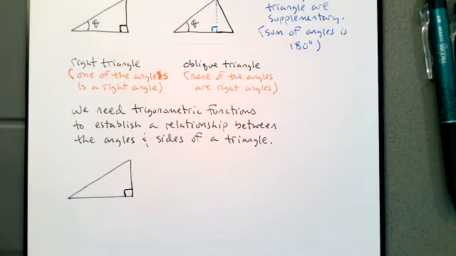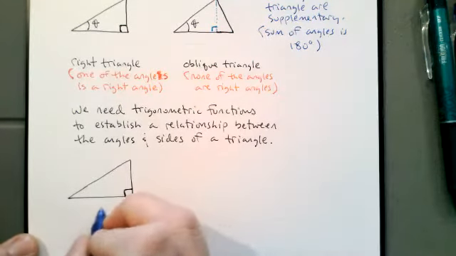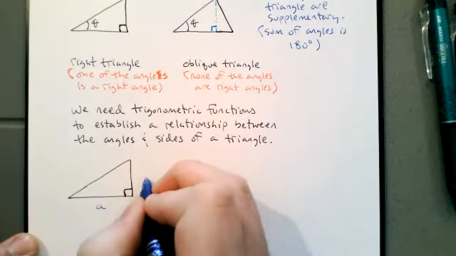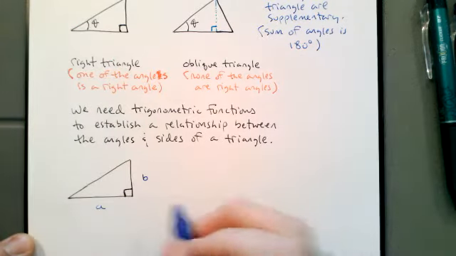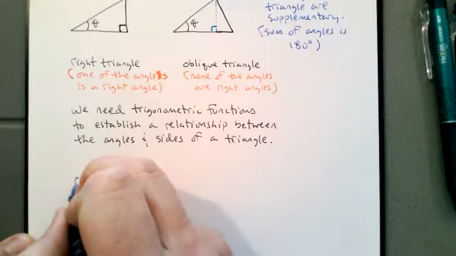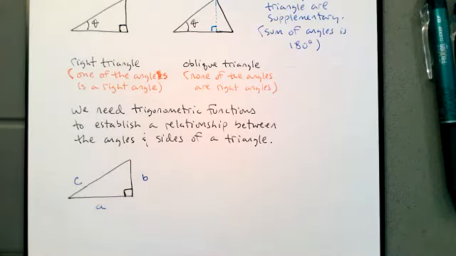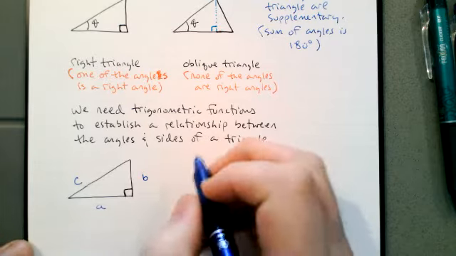For just the sides in a right triangle, if I call the two legs A and B, and I call the side opposite the right angle C, what's a relationship between these sides?